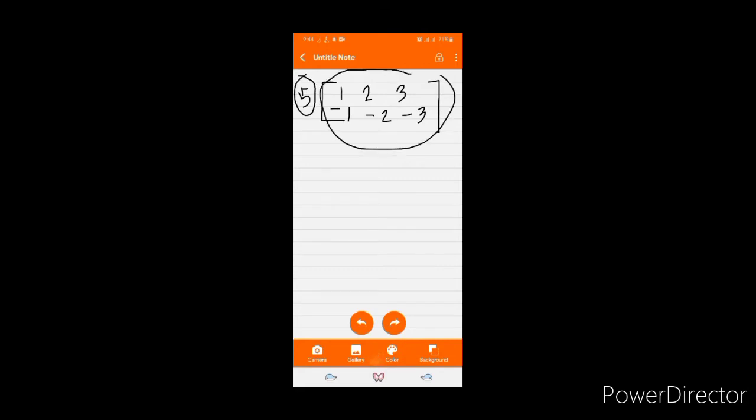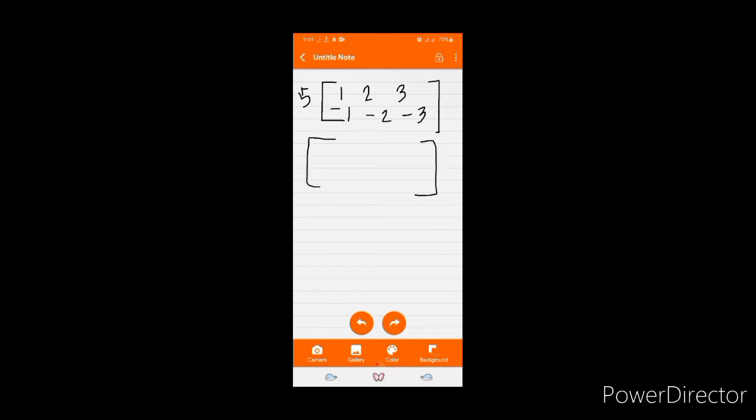How can we multiply it? All we have to do is to distribute this real number to each of the entries of the matrix. Like this.